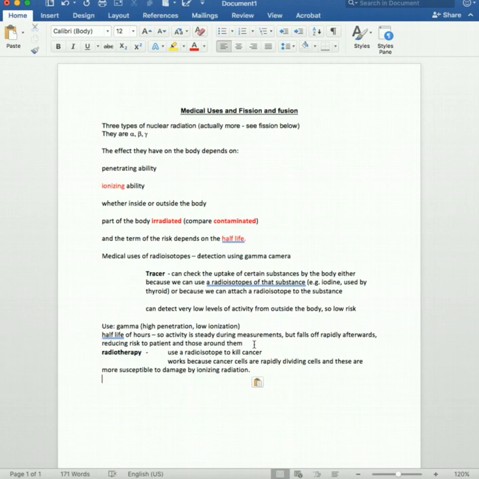So when you have radiotherapy, very often your hair will fall out because your hair cells are rapidly dividing, at least for some of us, not for me, but your hair cells are rapidly dividing, and they are more susceptible to ionizing radiation damage than other cells. So sex cells, sperm cells are particularly susceptible, as are hair cells.